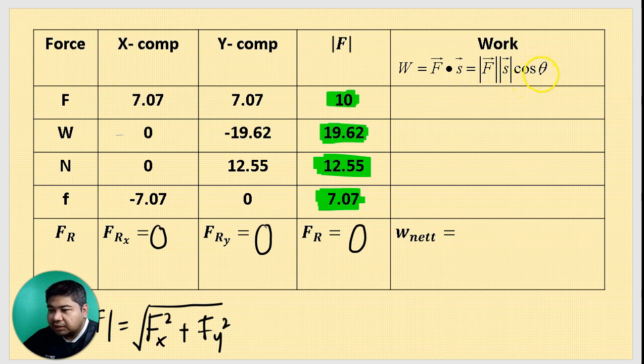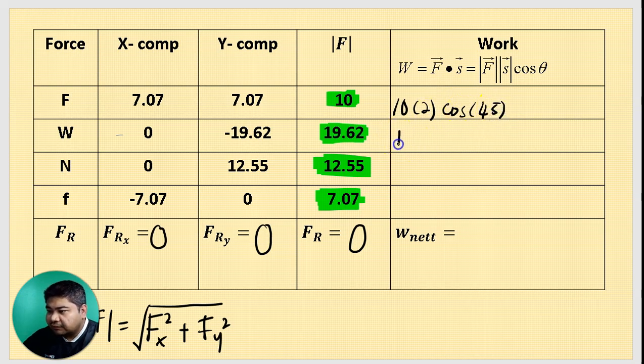We have determined the angles previously, a few slides back. The magnitude of the force is 10 times the displacement, which is 2, and then cos of the angle between the external force and the displacement, 45 degrees.